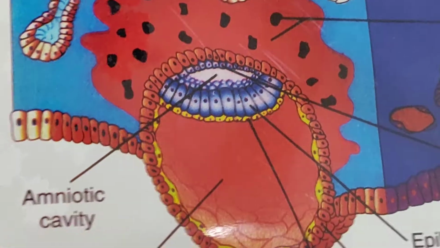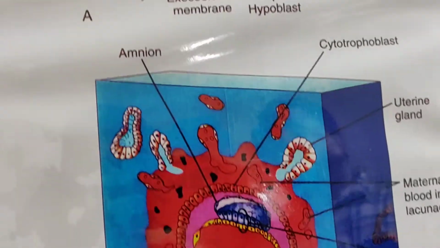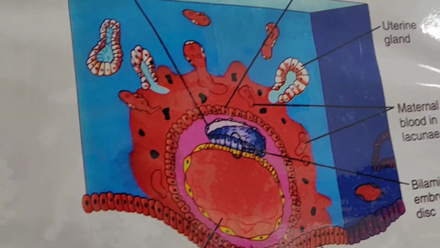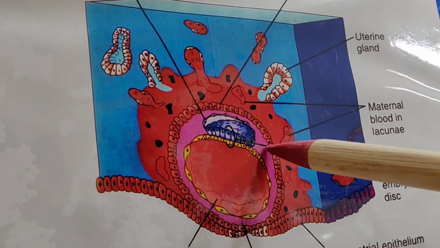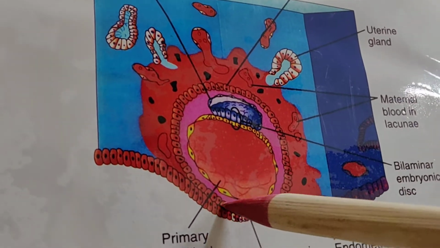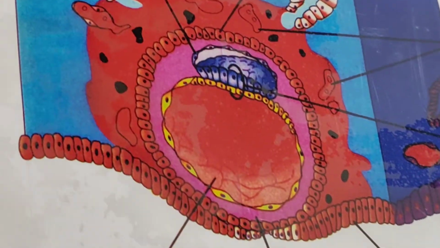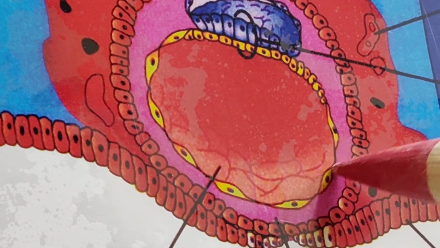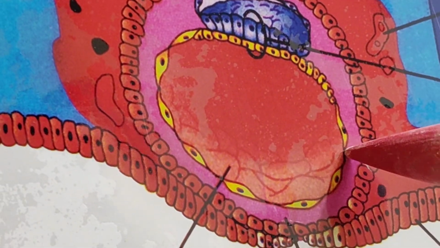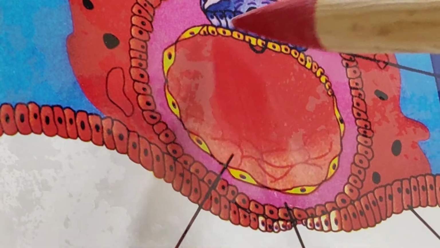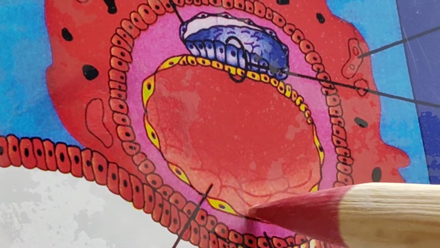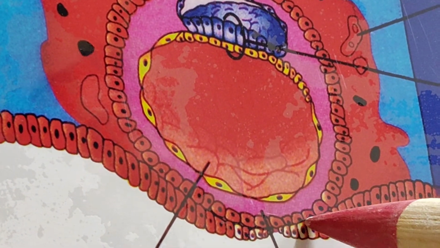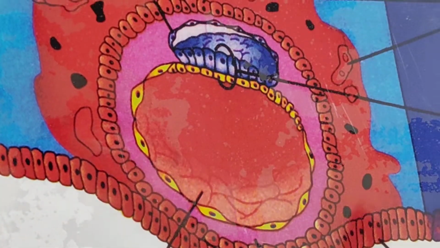Now see this next structure. In these structures, this is the extra embryonic mesoderm. This extra embryonic mesoderm is present between these layers. It is the layer surrounding this yolk sac, and this layer is the cytotrophoblast.